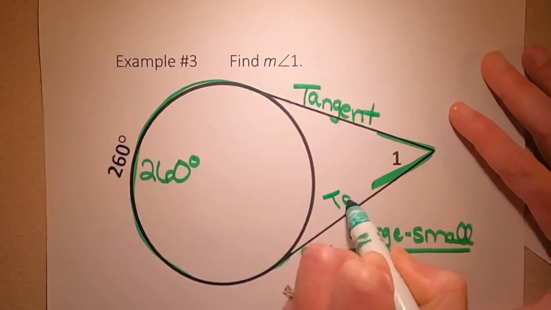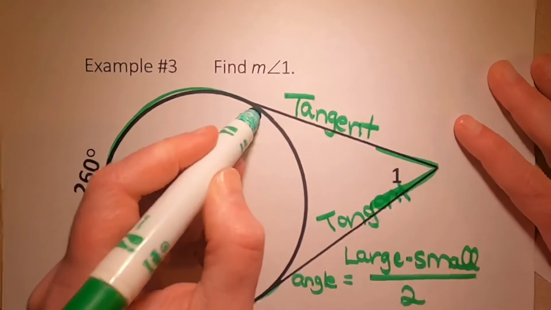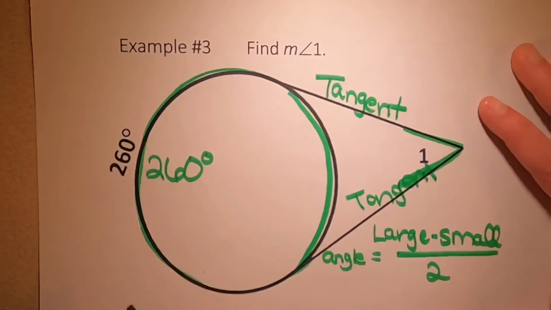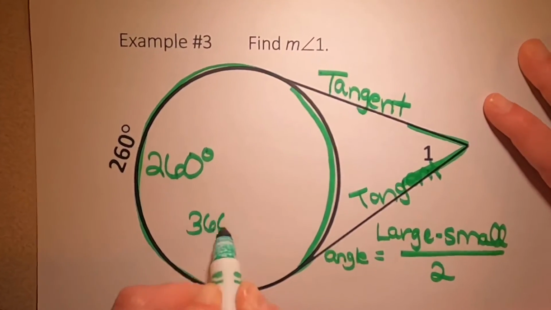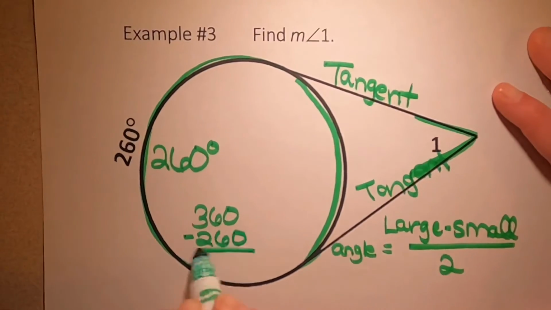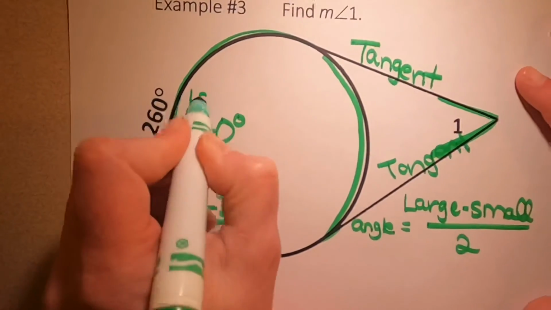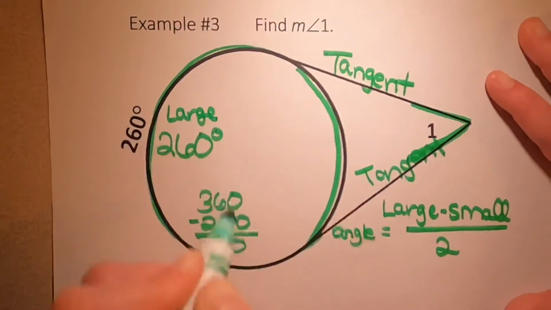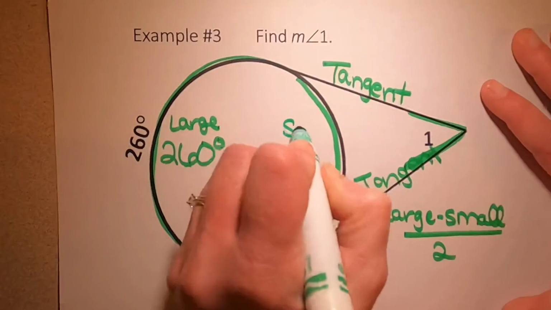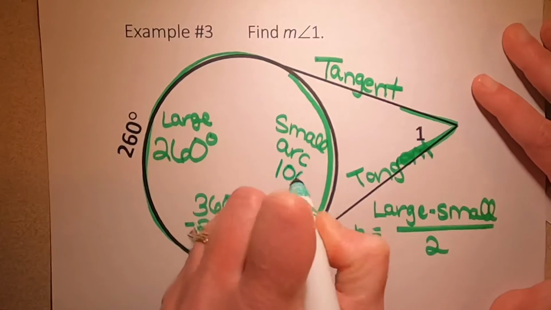Tangent and tangent. So what you're going to have to do to find the small arc is you're going to have to say 360. That's how many total degrees are in a circle, minus 260. It will give you 100 degrees. This is our large arc. That value right there will be your smaller arc. It's 100 degrees.